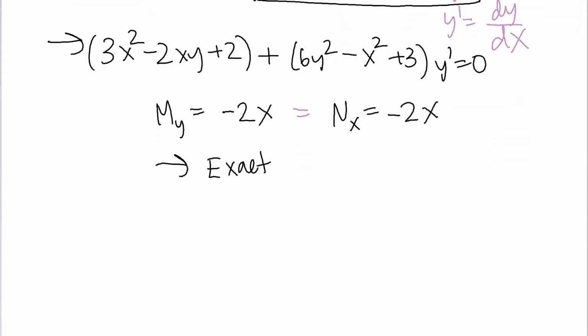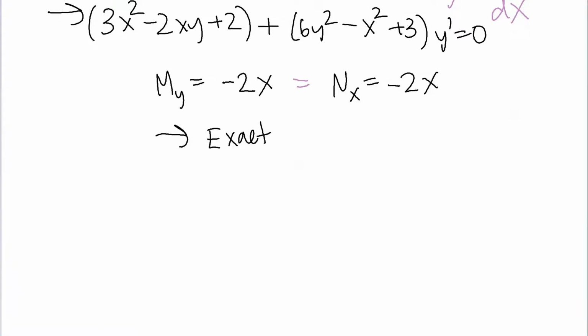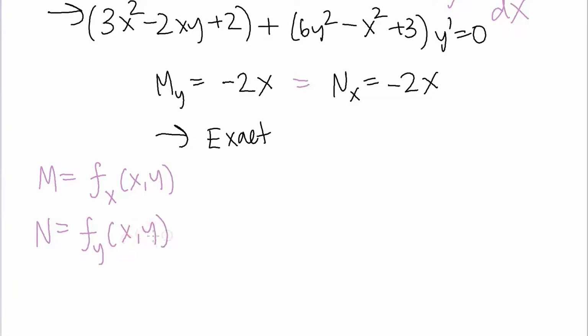Because this is an exact equation, we know that M equals the derivative of some function f with respect to x, and we know that N is the derivative of some function f with respect to y, where f of x, y will be our solution.